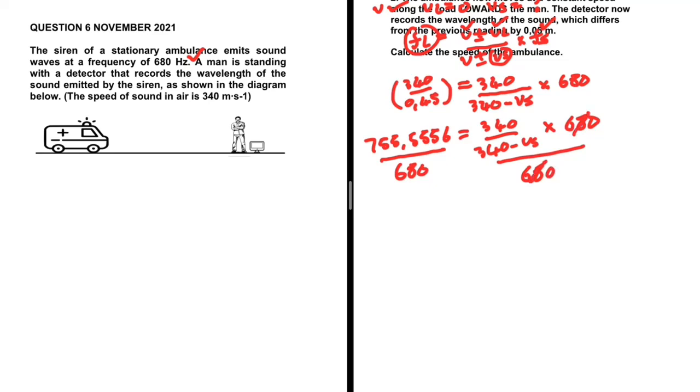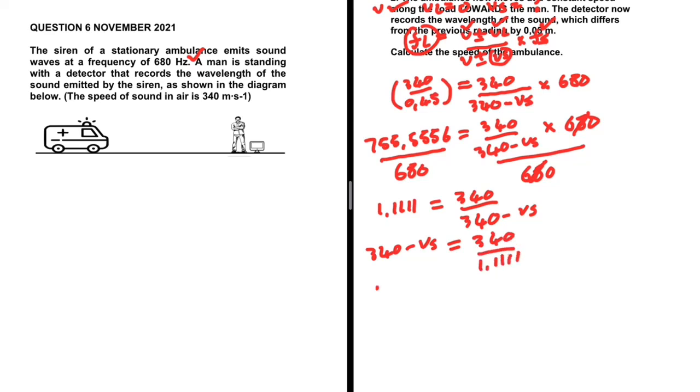On the left hand side, I'm left with 1.1111 being equal to 340 divided by 340 minus Vs. So we can rearrange this and have 340 minus Vs being equal to 340 divided by 1.1111.